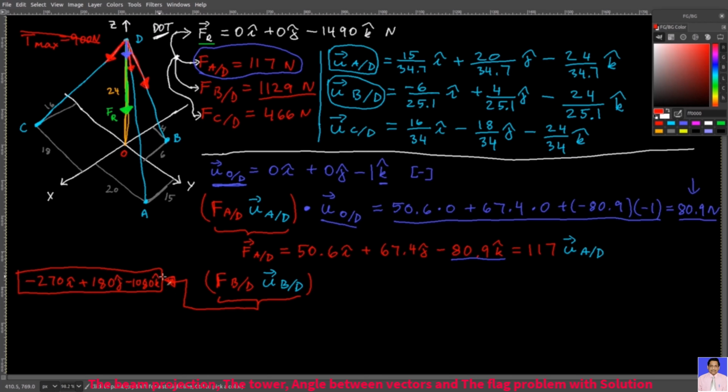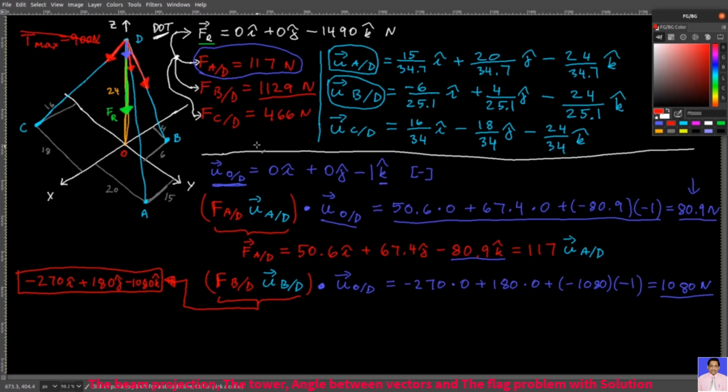That's what I do here. And then I dot it with this unit vector that is in the direction of the tower, and in the end, I get this result here. Again, this is the component of this force, B/d, along the tower.